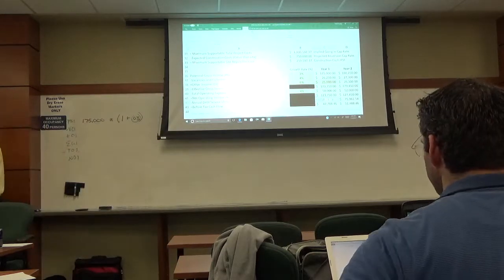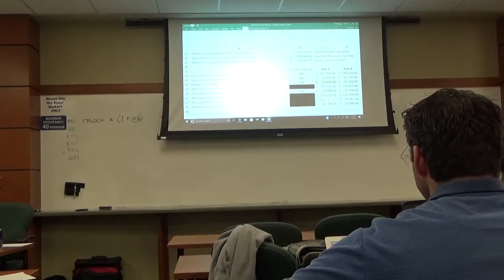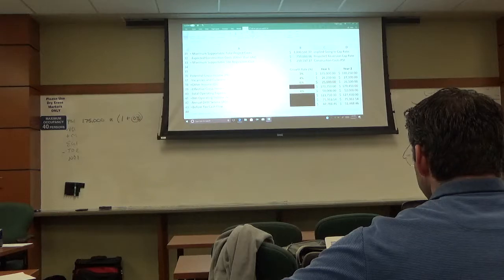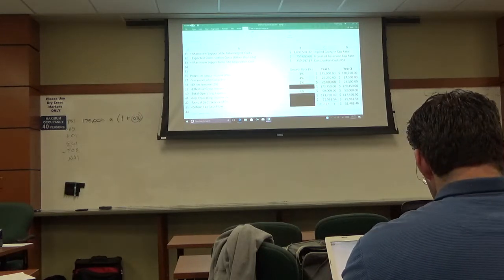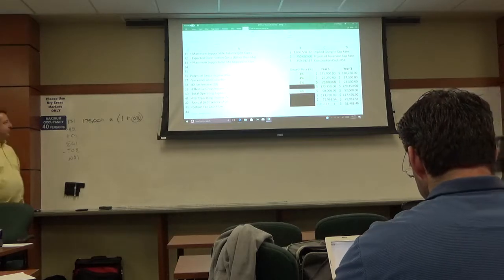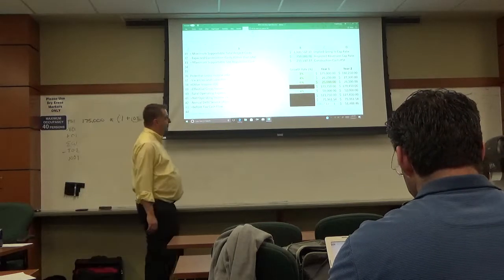Again, more than one way to get there as well. And then lastly, at least for this column, the before tax cash flow, C41 minus 42.